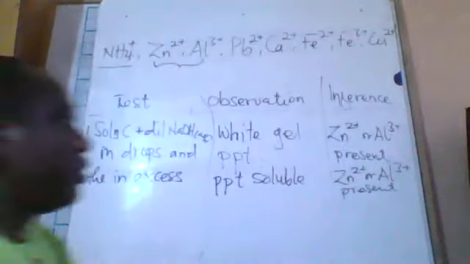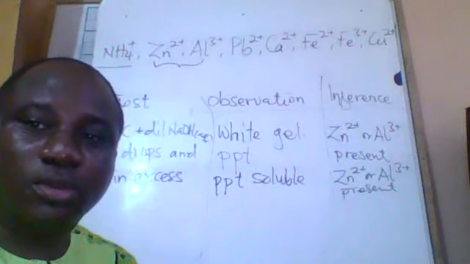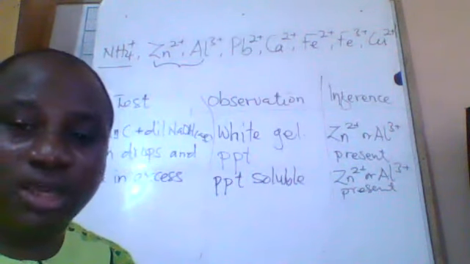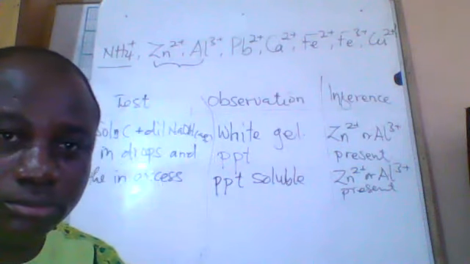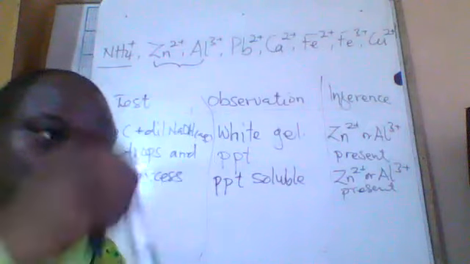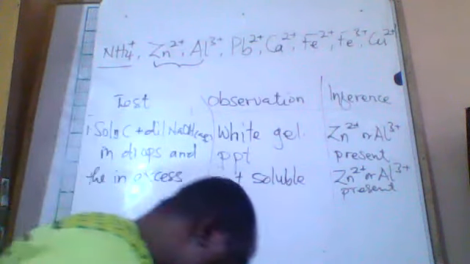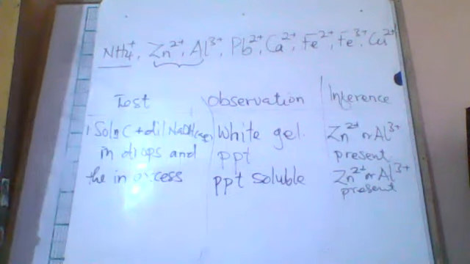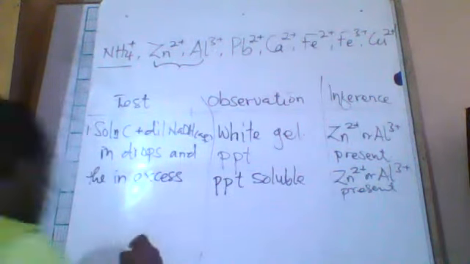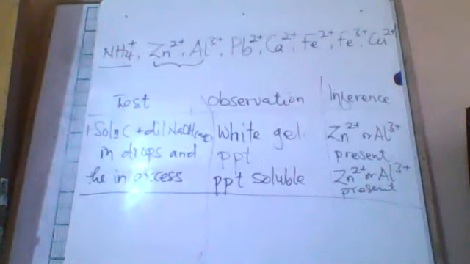Because of that, we will write both of them there. Please, if you record only one, if the examiner is scoring one for each, you score only one. It is the two ions that you are suspecting. At this point, you cannot differentiate which one is there and which one is not there. Great. So this is the first part for the Zn2+ and the Al3+.